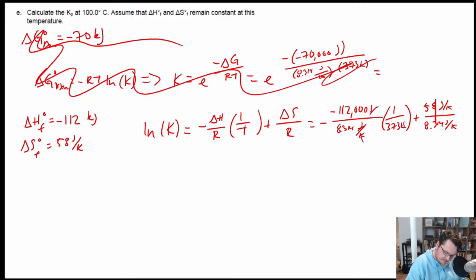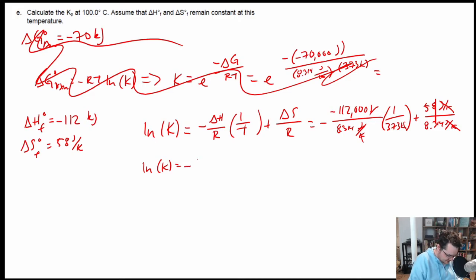Joules cancel, Kelvins cancel. Natural log of K is equal to negative 112,000 divided by 8.314 divided by 373.